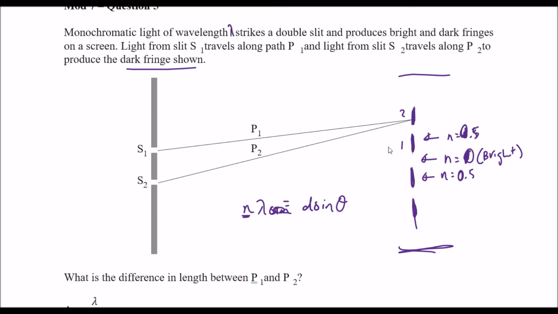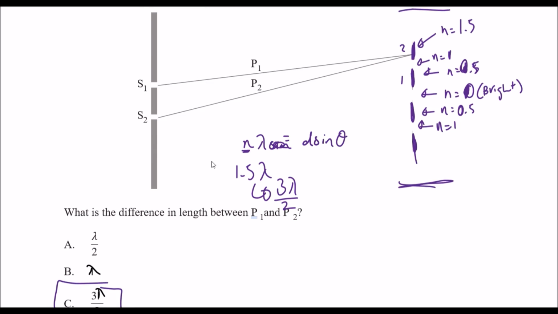Because if the center band is 0, and the first bright band next to that is a whole number integer, then this one is n equals 1.5. So here, 1.5 lambda, which is the same thing as 3 lambda over 2. Okay, so that's how you do that question.